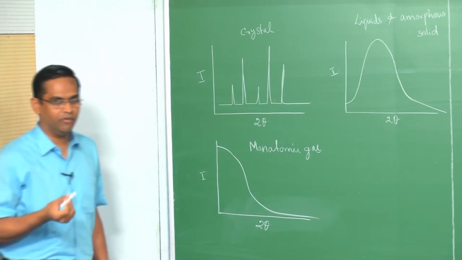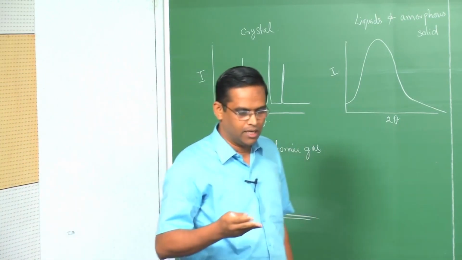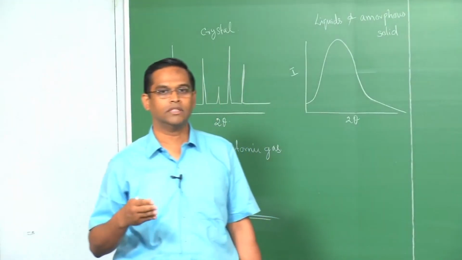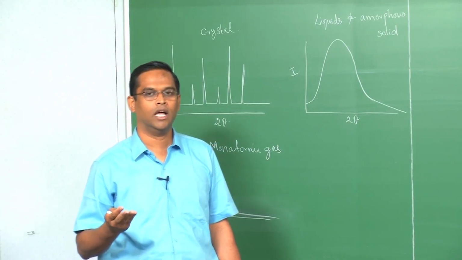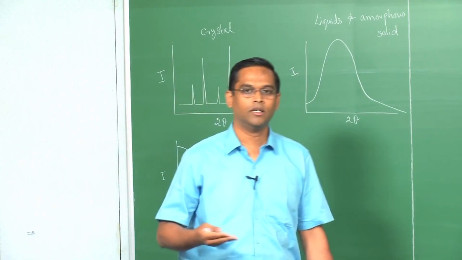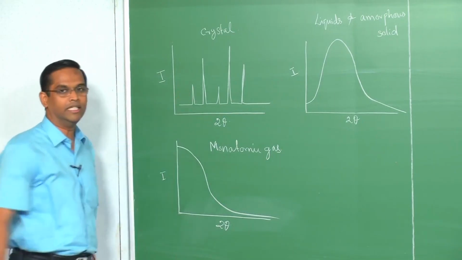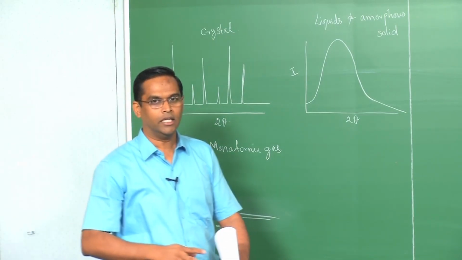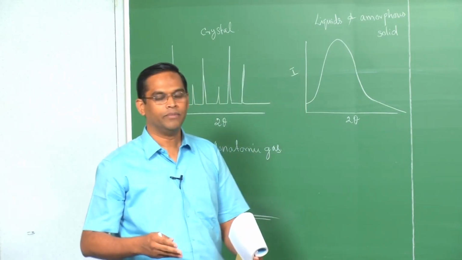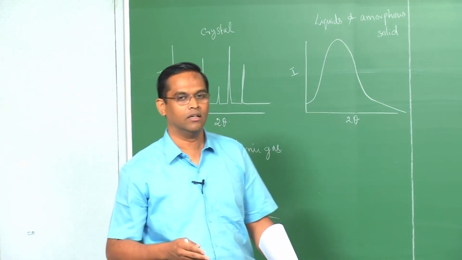One thing you have to understand from this, very important: you take a single atom and assume that X-rays are interacting with it. That atom scatters the X-rays in all directions, and in a periodic lattice you get intensity only at certain 2 theta angles. That means in all the other directions the intensity is cancelled by destructive interference, which is as important an aspect of diffraction as constructive interference.